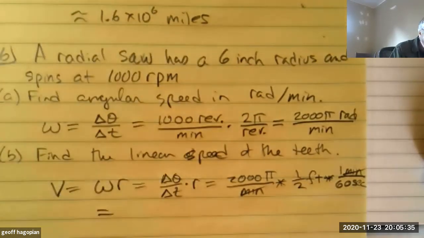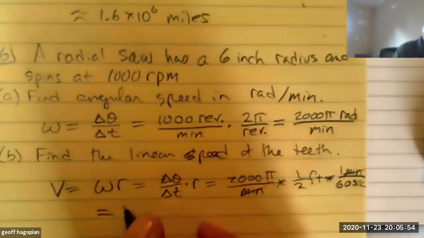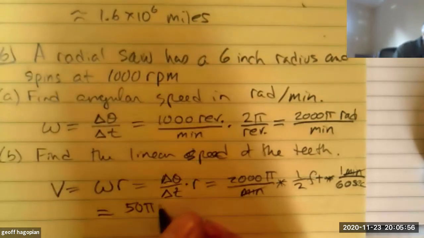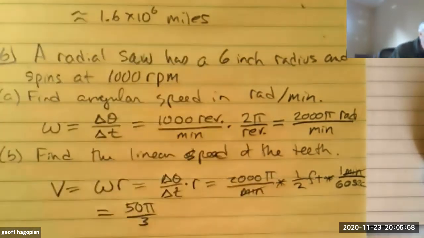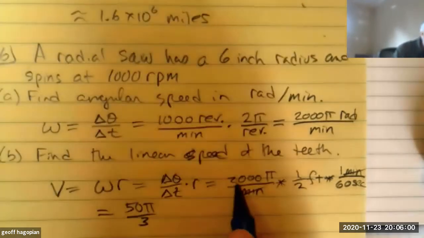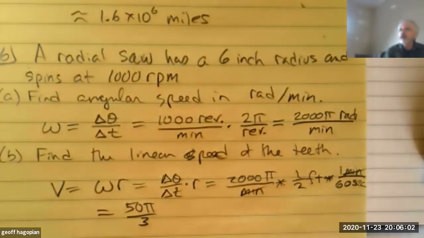So that's going to give us 1,000 pi divided by 60, which is 500 pi divided by 30, or 50 pi divided by 3. Should we leave it at that? Am I off by a factor of 10? I reduced by a factor of 2 and got 1,000.